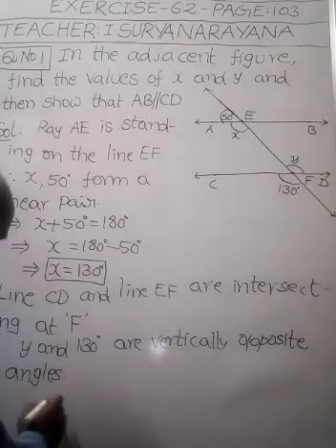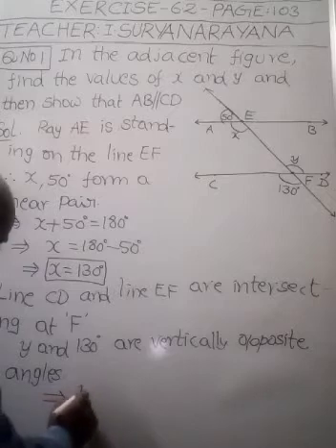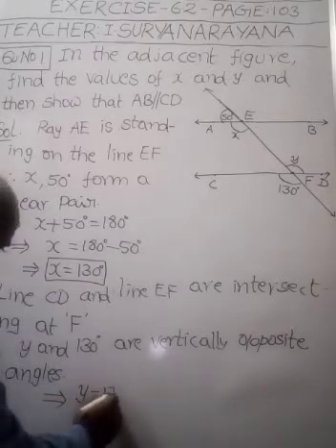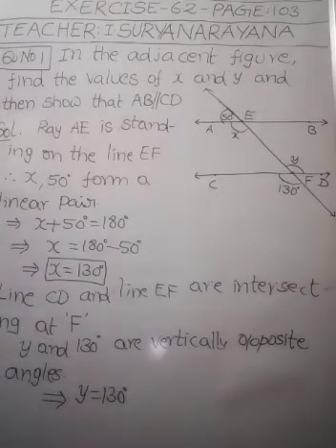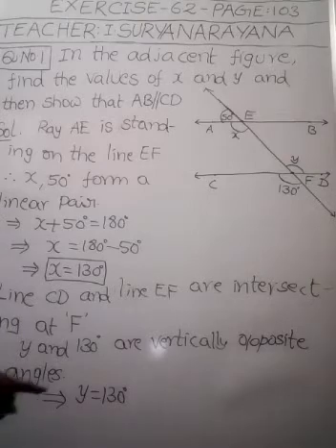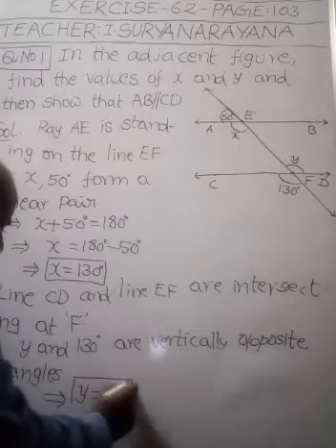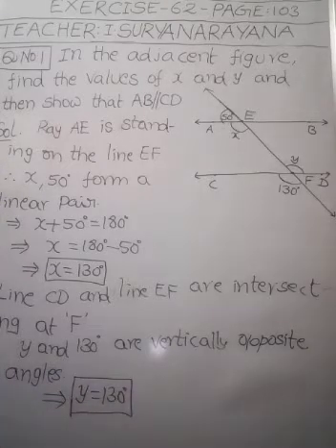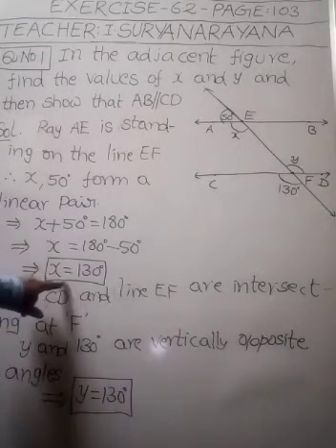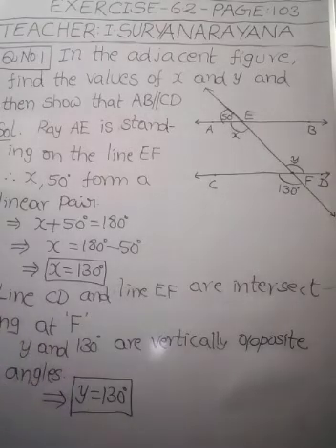This implies the two angles are equal. Understood this step, my children? We got the y value also. Here the x value is 130 degrees and the y value is also 130 degrees.